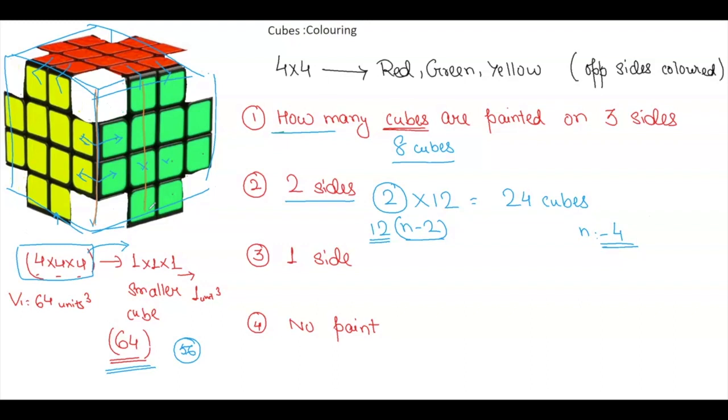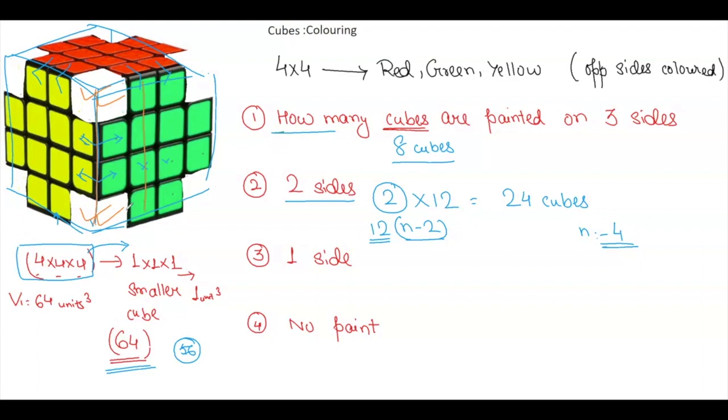Why am I subtracting 2 from it? Because I've already cancelled off the 2 corner cubes, so I need to subtract 2 smaller cubes from the entire line. Had the line contained 8 smaller cubes, I would have gotten 12 into 6, that is 8 minus 2, the number of smaller cubes which had two sides painted.